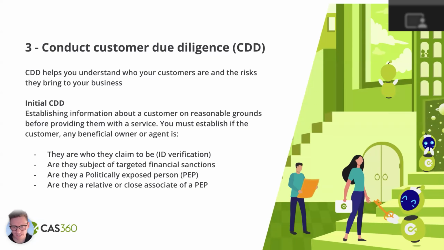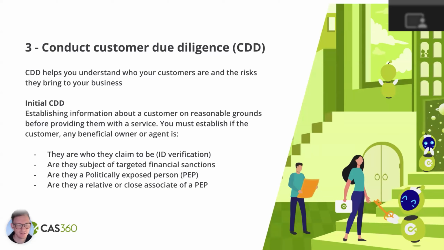And then we get into the area of AML and politically exposed persons and people that have sanctions. Are these people the subject of any targeted financial sanctions? When you are working with this person, you will be required to do an ID verification, an ID check, but also a sanctions check.